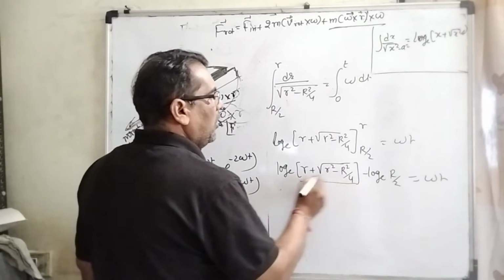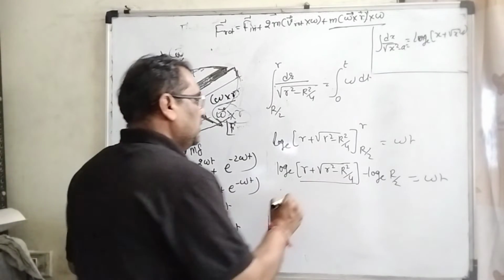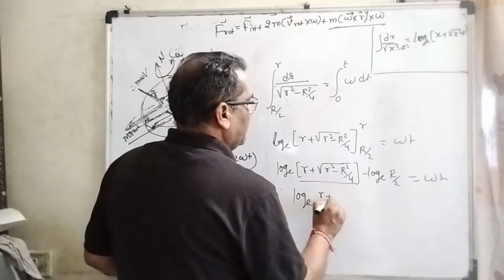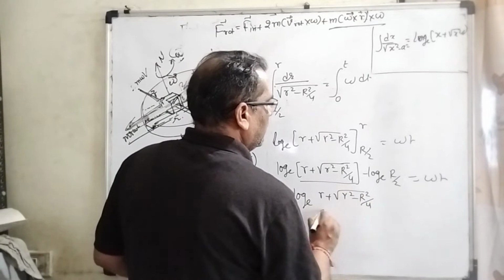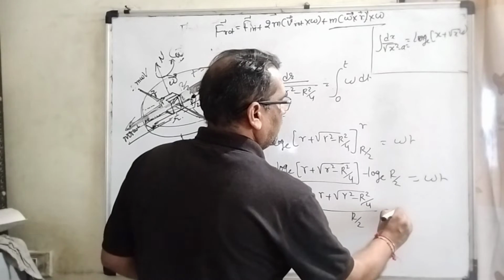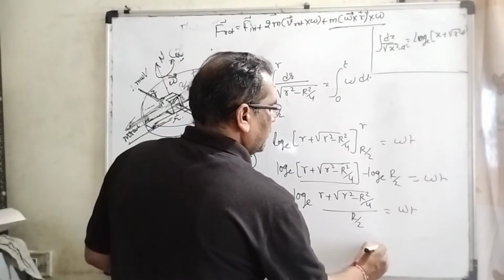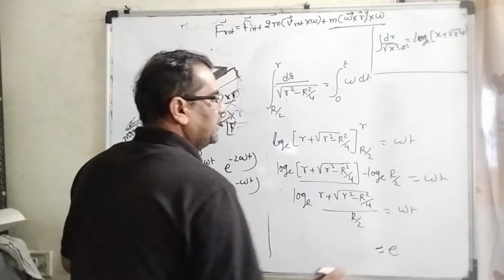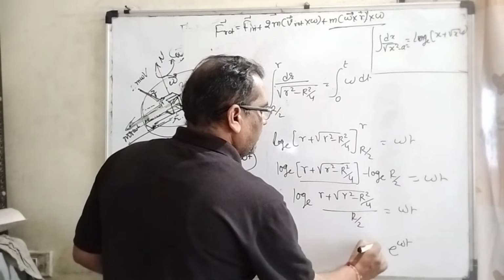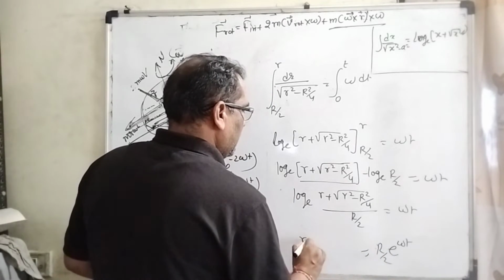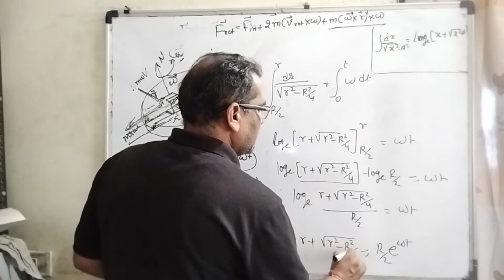Using the property log m minus log n equals log of m by n, log of r plus root r square minus r square by 4 upon R by 2 equals omega t. By removing log e, the exponent goes to the right side and omega t becomes the power, and this R by 2 becomes the coefficient of r plus root r square minus capital R square by 4.